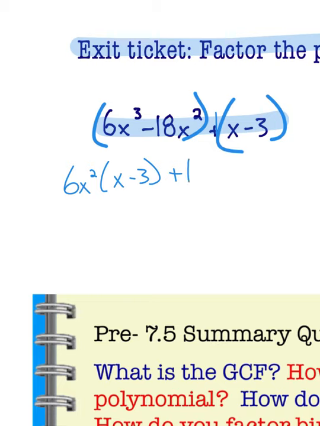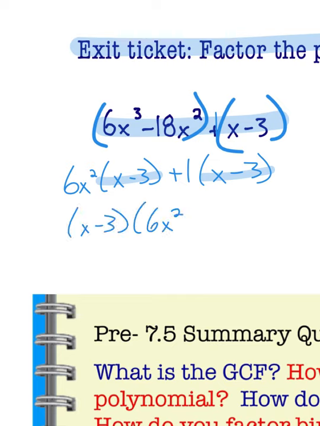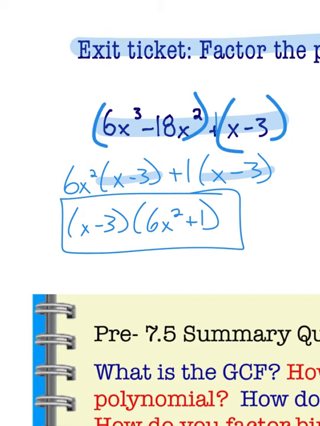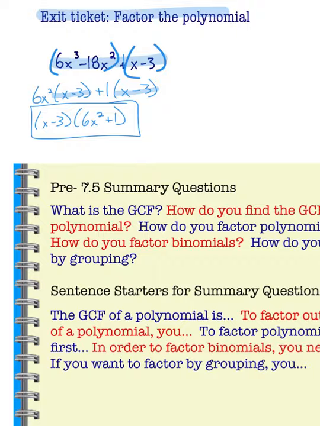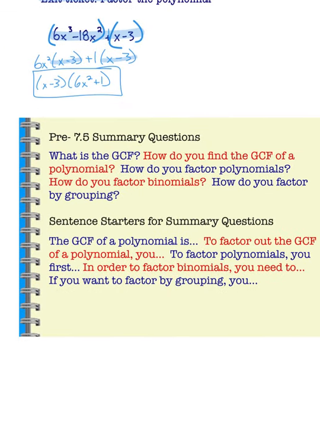X and minus 3 have nothing in common, so I have plus 1, x minus 3, which actually works out because then I have an x minus 3 in both parentheses. I can factor out the x minus 3, and I have 6x squared plus 1 left. There's your correct answer.